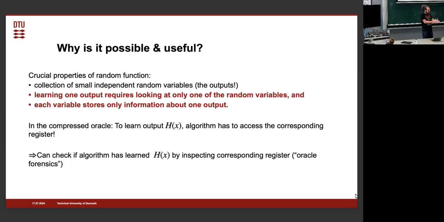Or we can look at the entire register and, for example, check: is there any output there? And remember that an output is basically something that's not bottom, right? So that's by definition something that the algorithm has learned. Is there any output that's zero, right? And that will enable us, for example, to reprove a bound for Grover search for a preimage of 0.